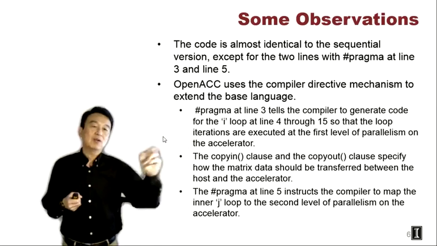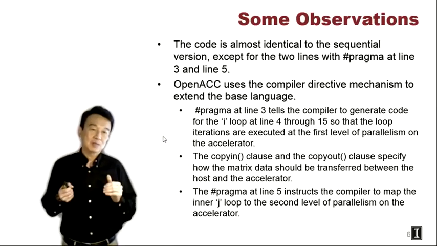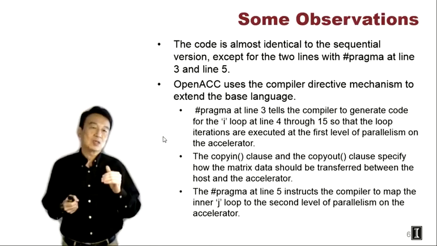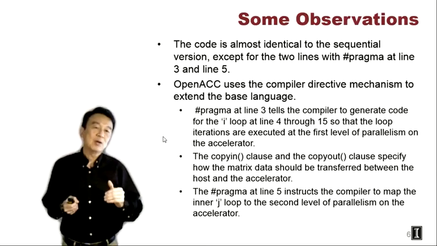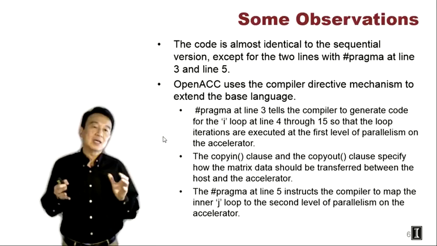And the first level of parallelism pretty much corresponds to the thread blocks. So the different iterations of that I loop will be executed as thread blocks in the GPUs.